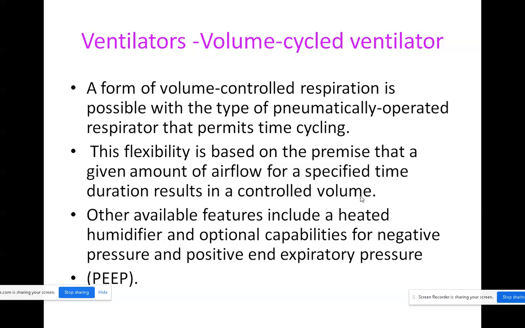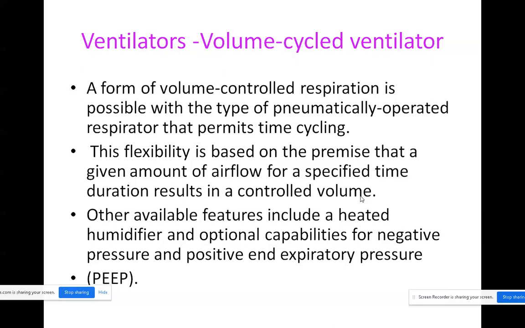So we can use the same ventilator in a pneumatically operated manner. So this can be operated pneumatically based on fixing the time. Okay, the time duration will be specified in the controller. Based on that you can operate the device in the pneumatic manner.